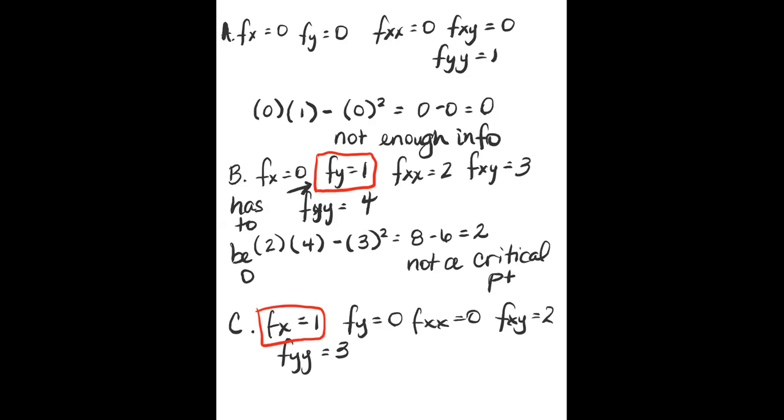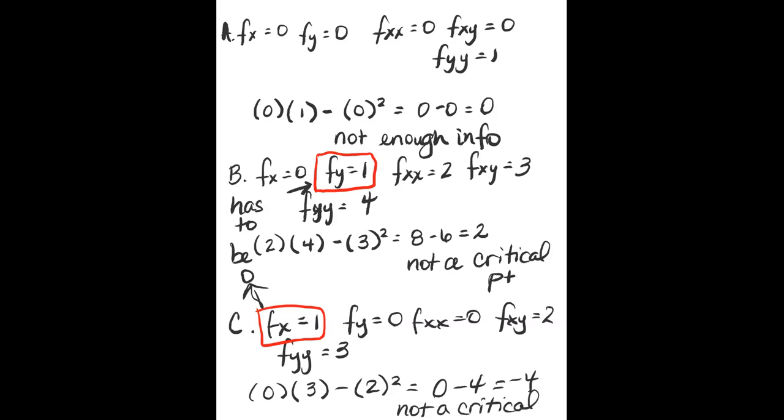Also it has to be 0. So it's going to be not a critical point, but I'm still going to do the multiplication. 0 times 3 minus 2 squared equals 0 minus 4 gives me negative 4, but it's not a critical point. Be careful. Those are always lurking. Not a critical point. All right.